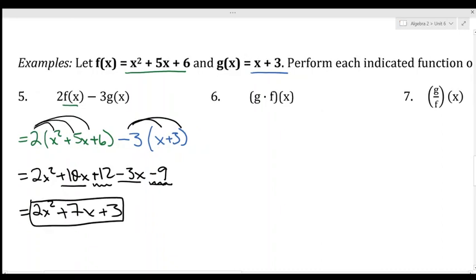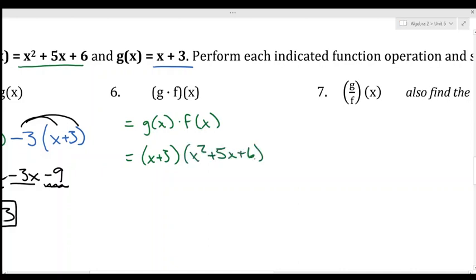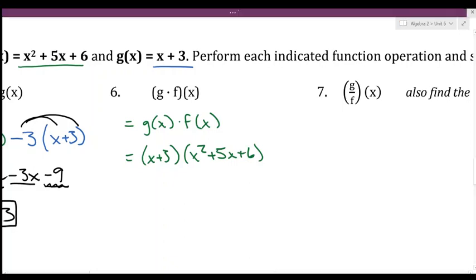All right. We have g times f of x. So let's rewrite this as g of x times f of x. And when we rewrite this, we get x plus 3 times x squared plus 5x plus 6. So we distribute, okay?